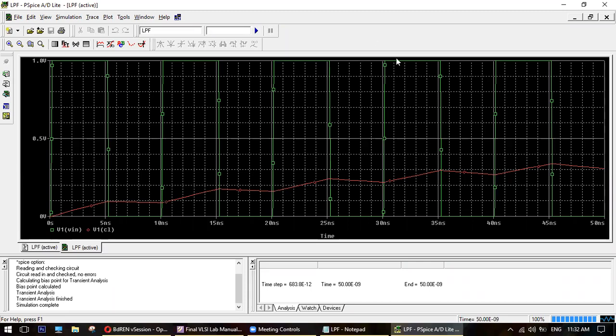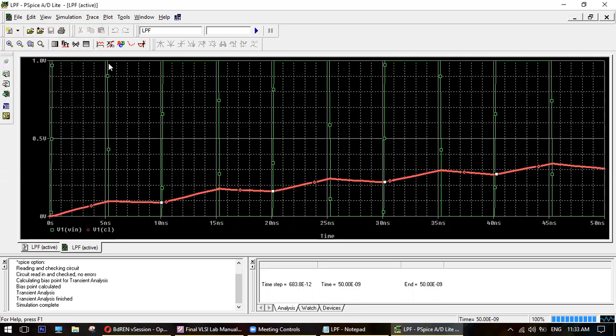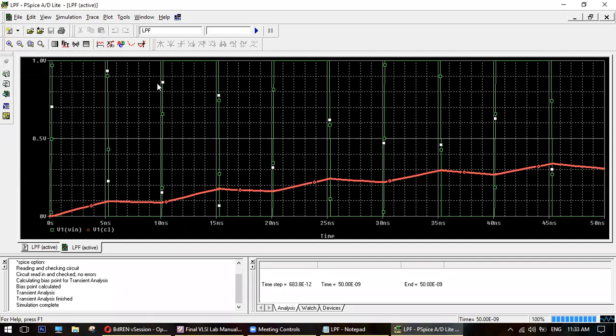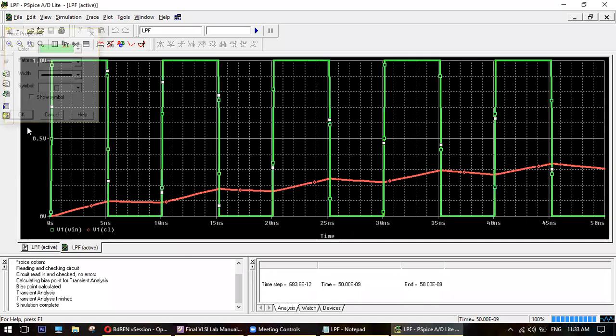Can you see the difference? Yes, sir. What happened to your output? Very small, sir. Your output decreases because it is a low pass filter. The more you increase the frequency, the less your output will be.